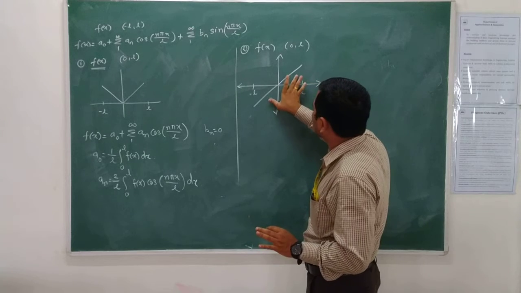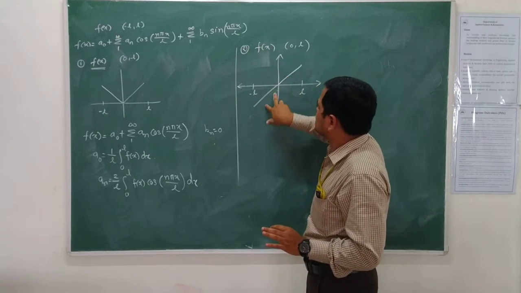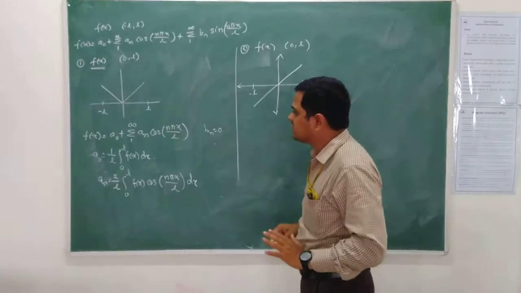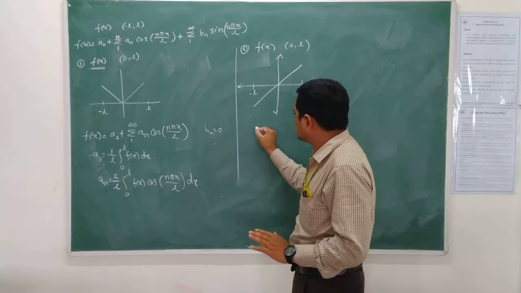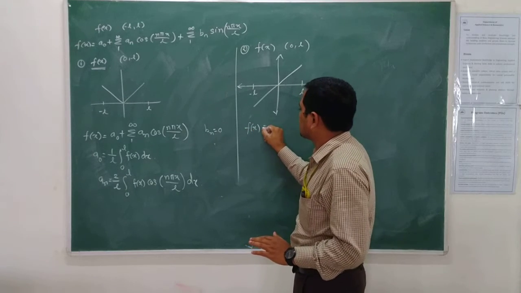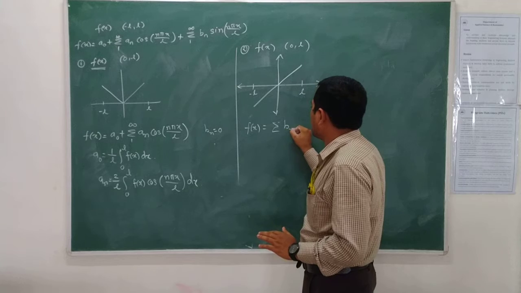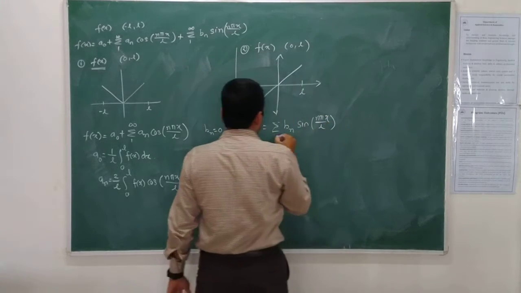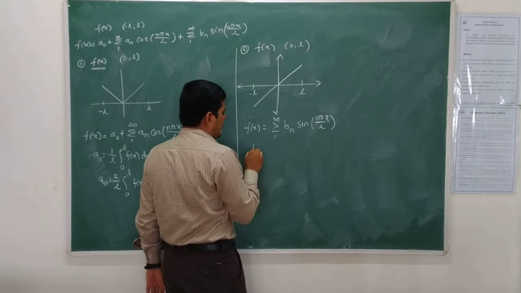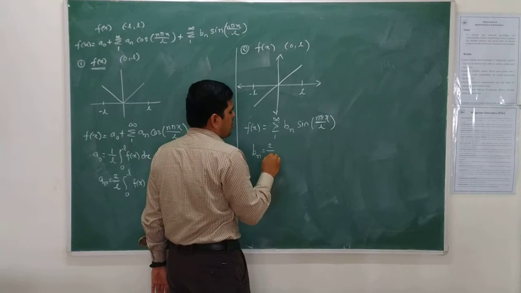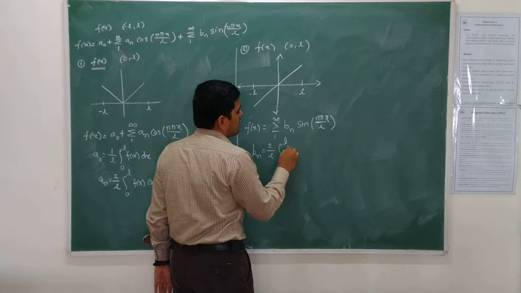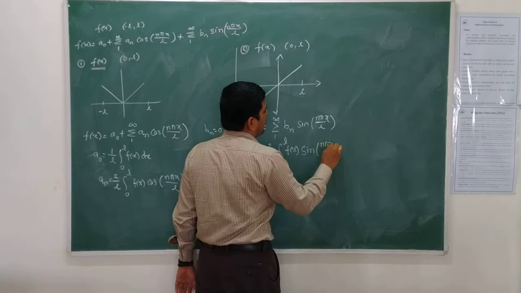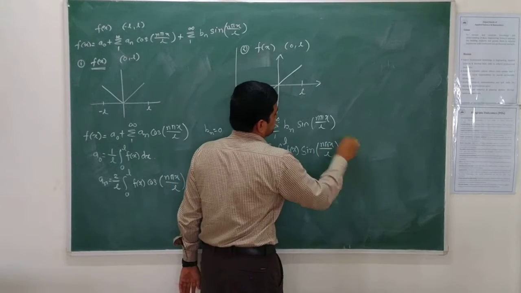Because of this, the extended function, or the reflected function, becomes an odd function. As the function becomes odd, only bn will survive, a0 and an are going to be 0. Hence, the Fourier series expansion of this function becomes summation bn sine of n pi x upon l, limit from 1 to infinity, where bn is given as 2 upon l integration from 0 to l f of x into sine of n pi x upon l dx.